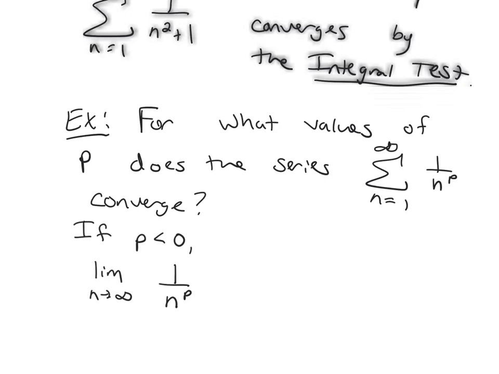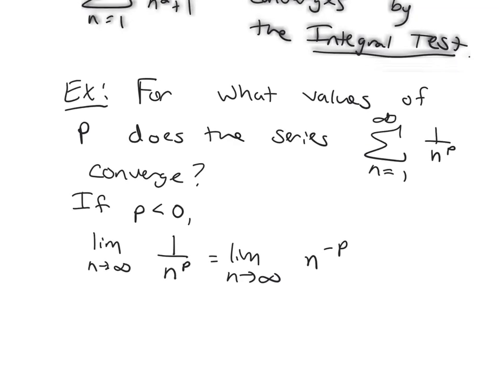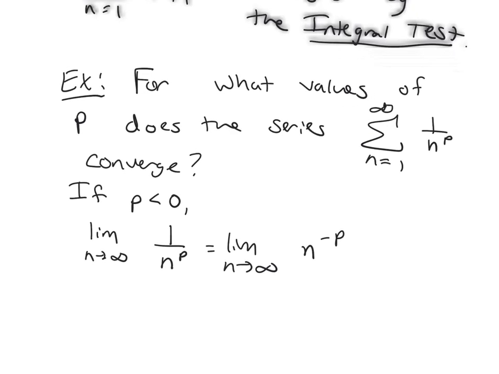But p is negative, and it's my exponent. I don't like negative exponents when I'm taking a limit because it doesn't really tell me what's going on. So I'm going to move that term to the numerator and make its power now positive. So now that power is positive because p is negative, and a negative times a negative is positive.